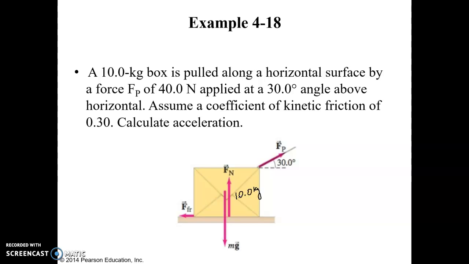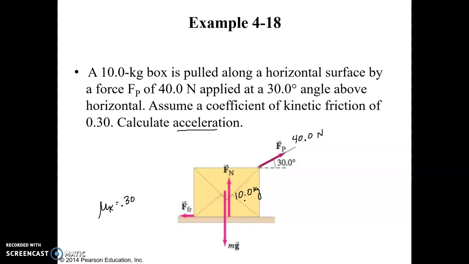The FP that we're applying is 40.0 newtons, and it's applied at a 30-degree angle. And the coefficient of kinetic friction is 0.30. So we're going to assume that we've got the box moving and we want to keep it moving. And we want to know what the acceleration is going to be.